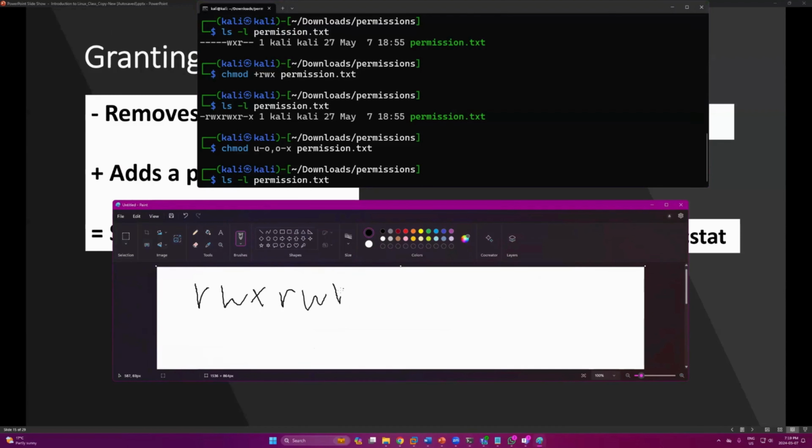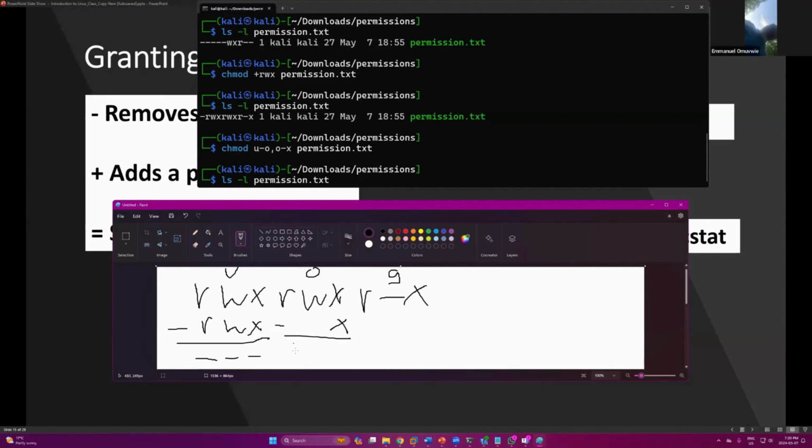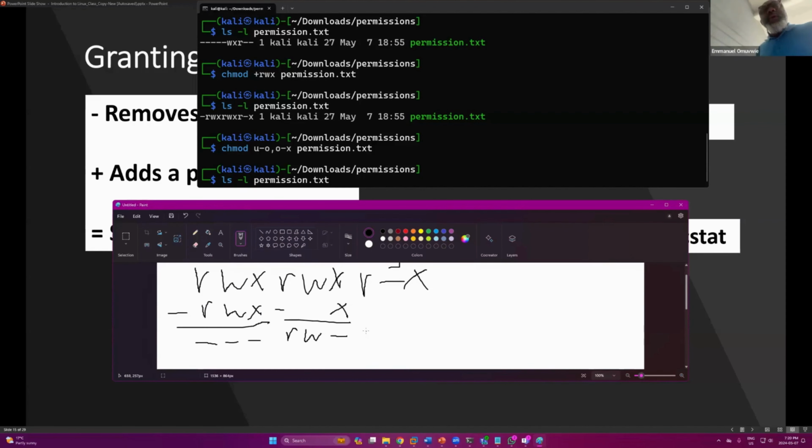RWX, RWX, R space X. So this is UOG, right? So U minus O. So RWX subtract RWX. This is gonna give me hash hash hash. And then O minus X. So O minus X subtract is gonna be RW hash. And then G doesn't have anything. So it's gonna just be RX.